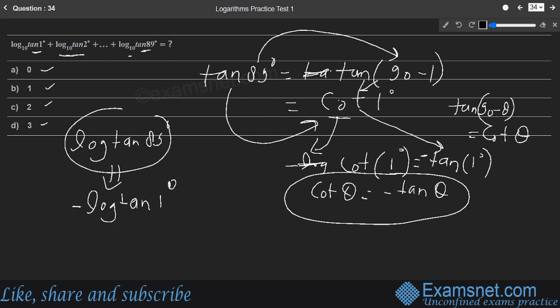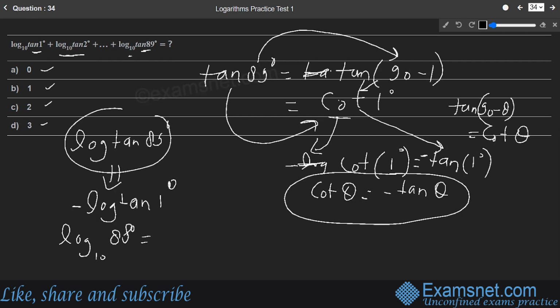Similarly, for the next term, log base 10 of tan 89 degree is done, so the previous term would have been log base 10 of tan 88 degree.